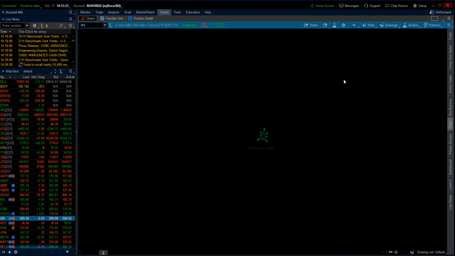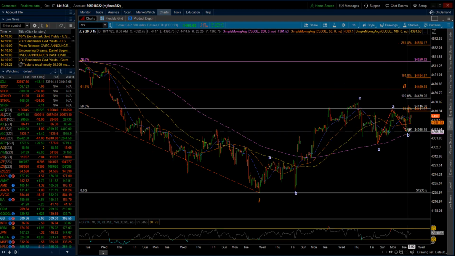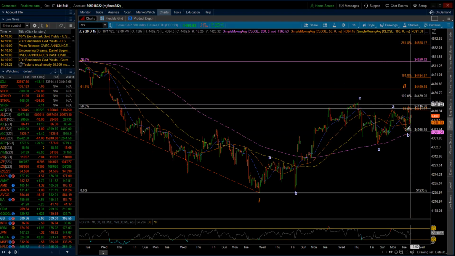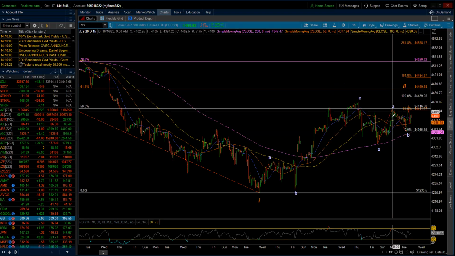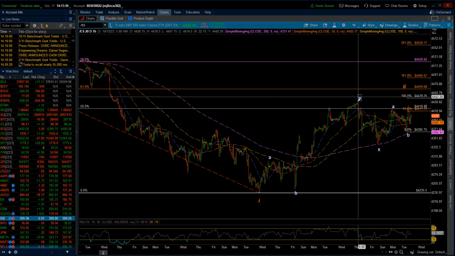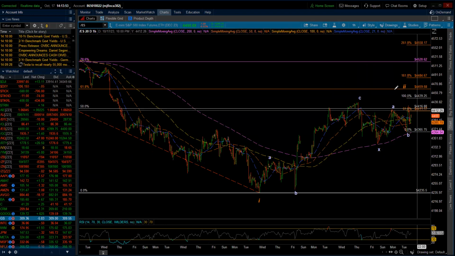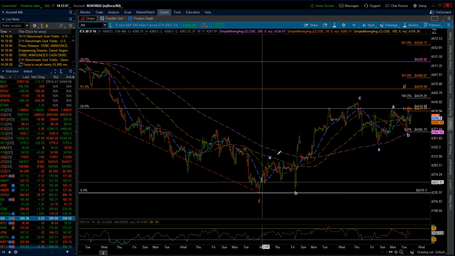So I'm going to go back to that hourly chart. And if we break below 43.65, it's not necessarily going to nullify, but it truly will start to put a real crimp on this. Is this a second ABC? Is this an X wave? And then we're going to have to take a look at what is going on here. This was clean.